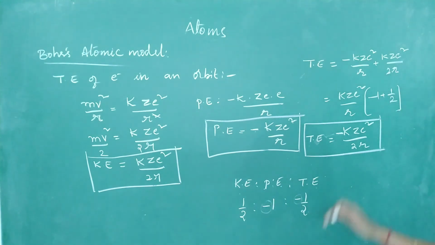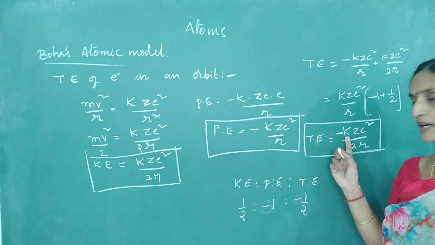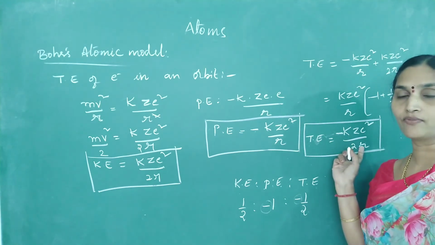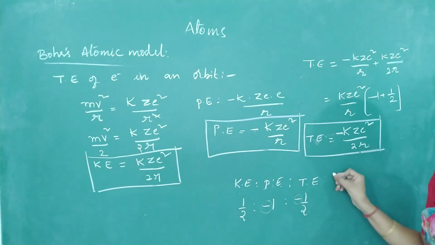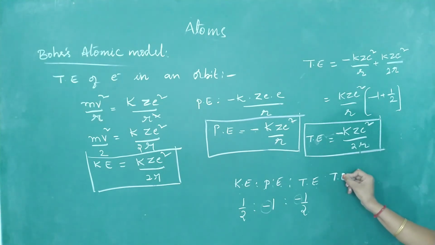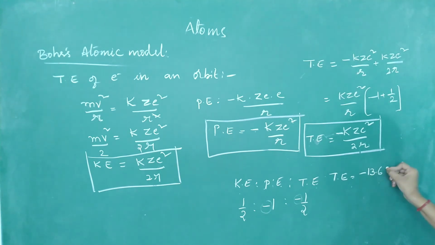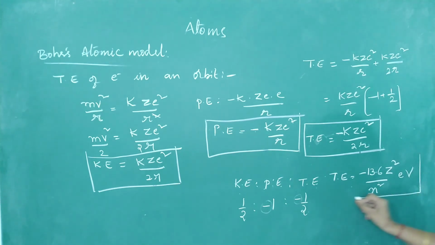So this is the total energy of the electron in an orbit. Now I am going to modify this relation. We know k is 1 by 4 pi epsilon naught and radius we have already studied, it is 0.529 n square divided by z. So when you substitute the radius, we get this total energy as minus 13.6 z square by n square expressed in electron volts.